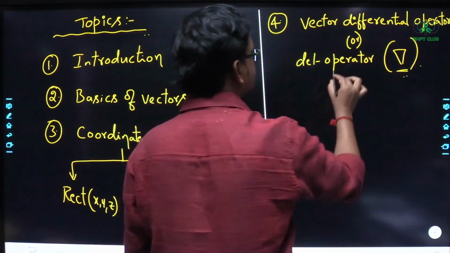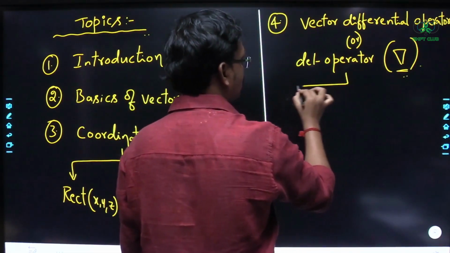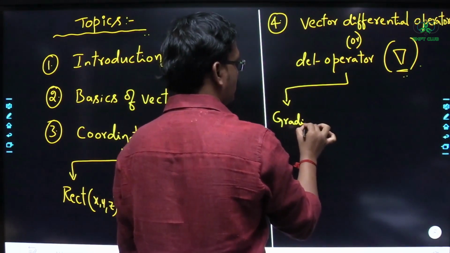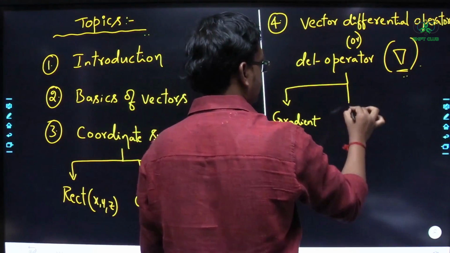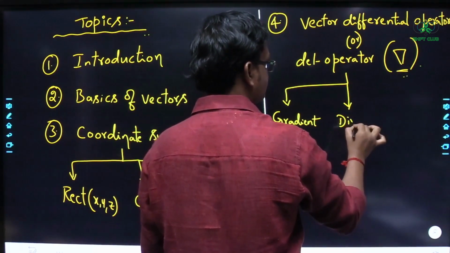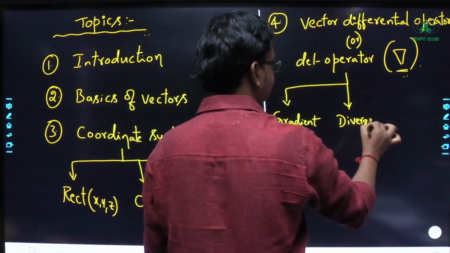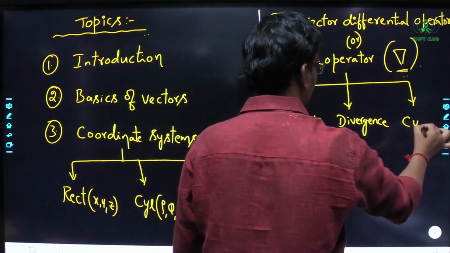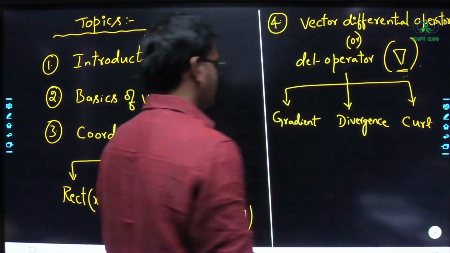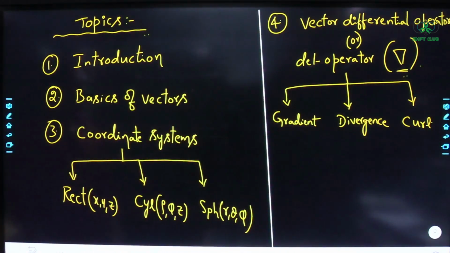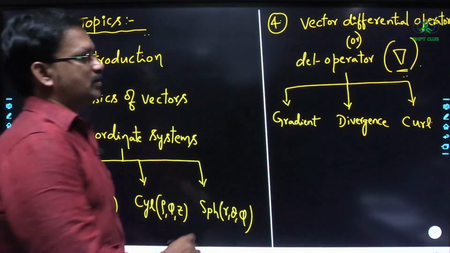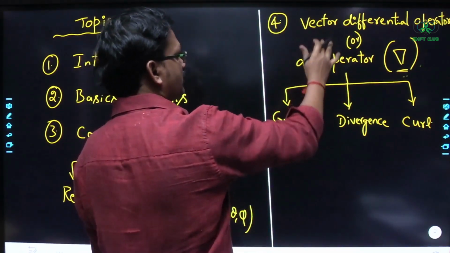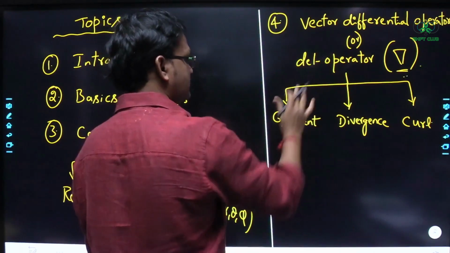In the vector differential operator, or del operator, we are going to study the gradient operation, then divergence, and then curl. These are the topics we are going to cover. The del operator and vector differential operator both mean the same.